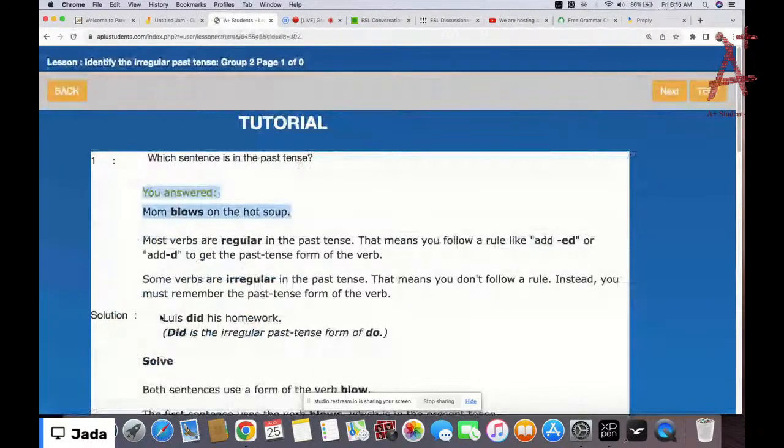All you need to do is identify the irregular past tense. Okay, so we will start this one now.